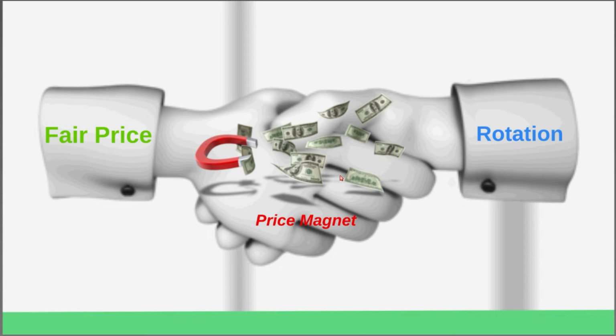Guess where price is going to go? The most likely scenario is for price to move back to that high volume area. So high volume areas become price magnets. So it's one of the attributes of a high volume area: rotation, fair price, and it acts as a price magnet.